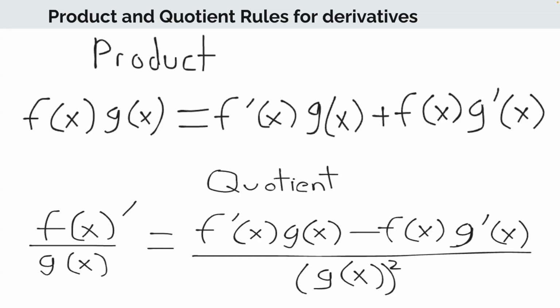So low times the derivative of the high one minus high times the derivative of the low one, over the low one squared. And yeah, so when you differentiate, if there are two different terms added or subtracted, just differentiate each term separately, each term separated by an addition sign or subtraction sign.